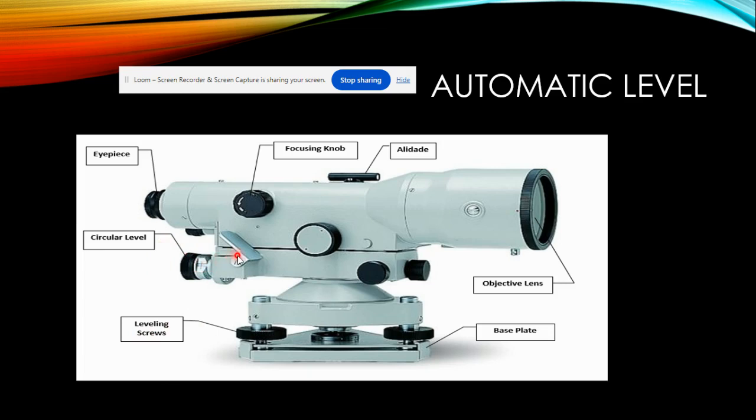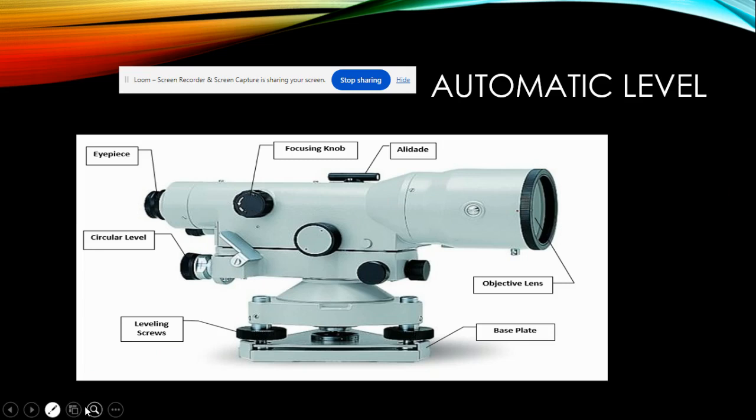For the dumpy level, it's always positioned at a point like this, so that you have to level it manually. But for the automatic level, it is positioned here so that once you set up your machine, the circular bubble is leveled automatically.